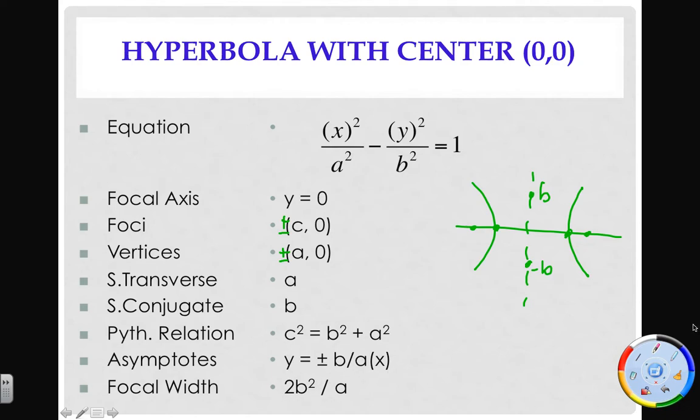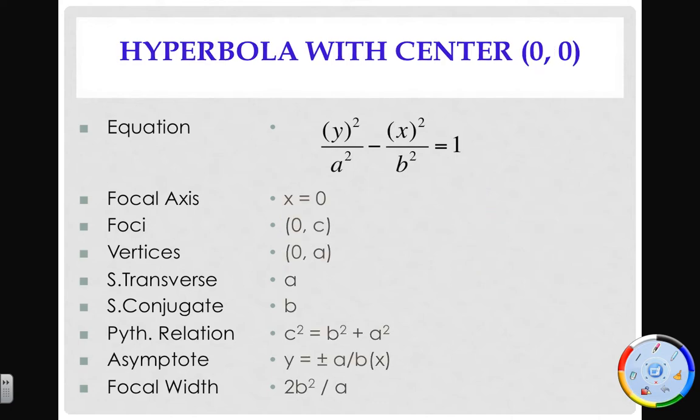All right, going to the other version, this is where it opens up or down. And again, I forgot my plus minus. And again, you should have pictures for these already, but I'm just going to draw them in here as well.